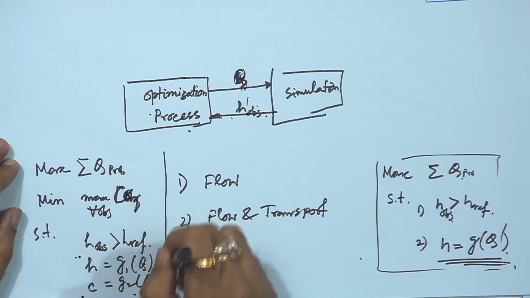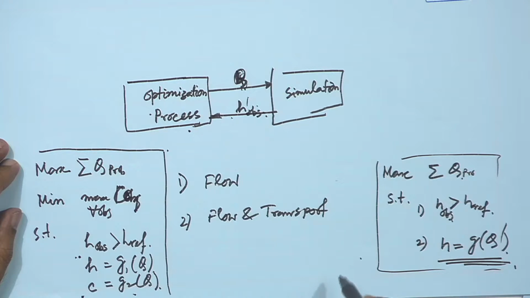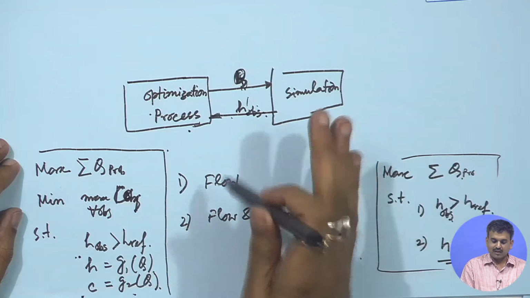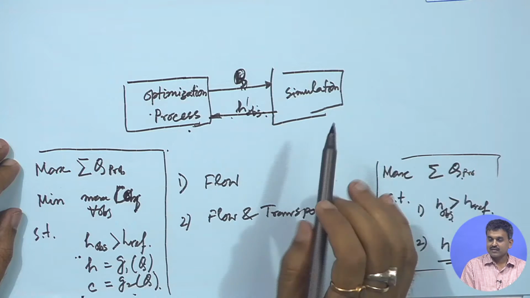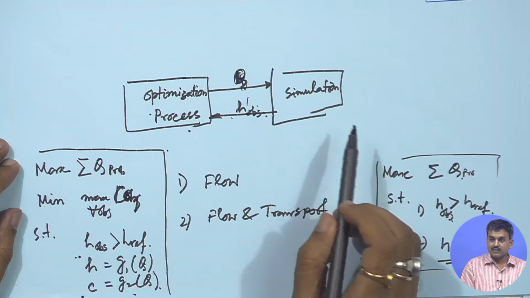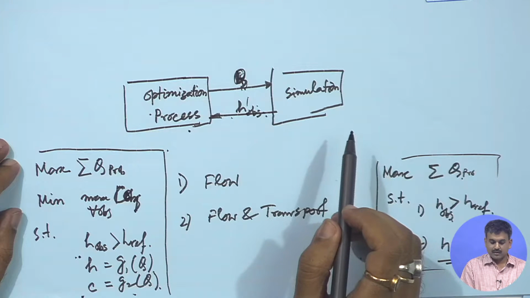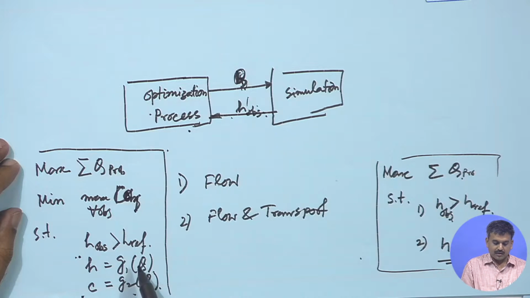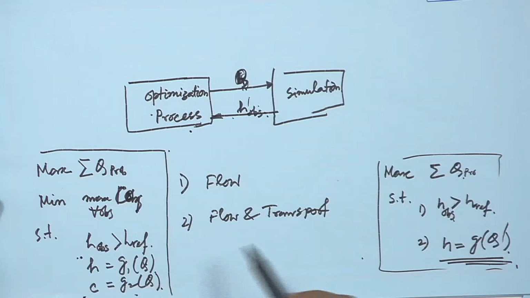Any question on this? So the transfer process is clear. You are improving the Q and you are getting the corresponding hydraulic heads for the nodes. And that is flow and transport.